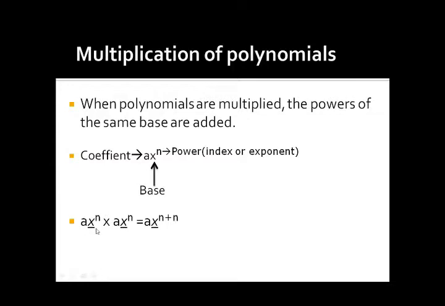When you multiply these polynomials, you add the indices of the same base. So ax to the n times ax to the n would equal ax to the n plus n. Now we're going to start off with an example of multiplication of polynomials.